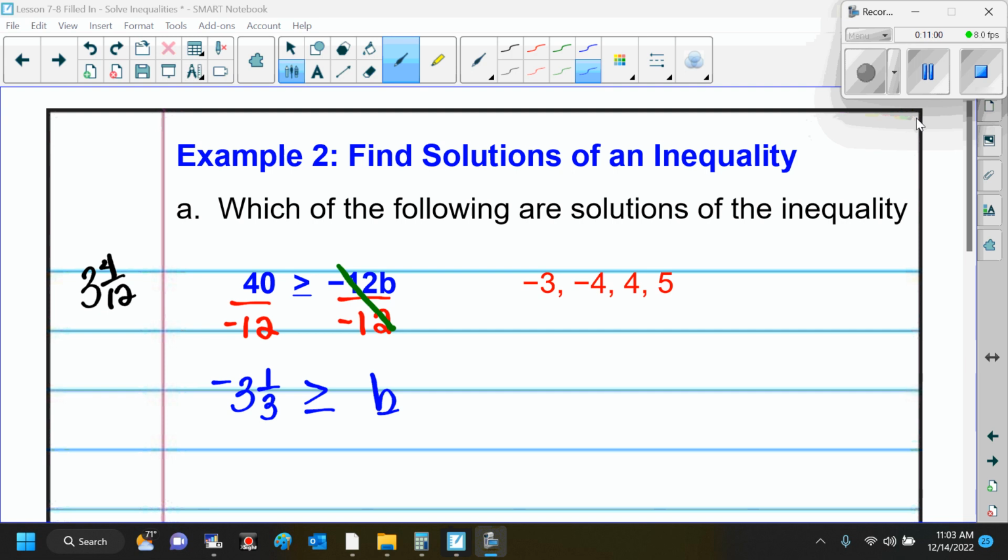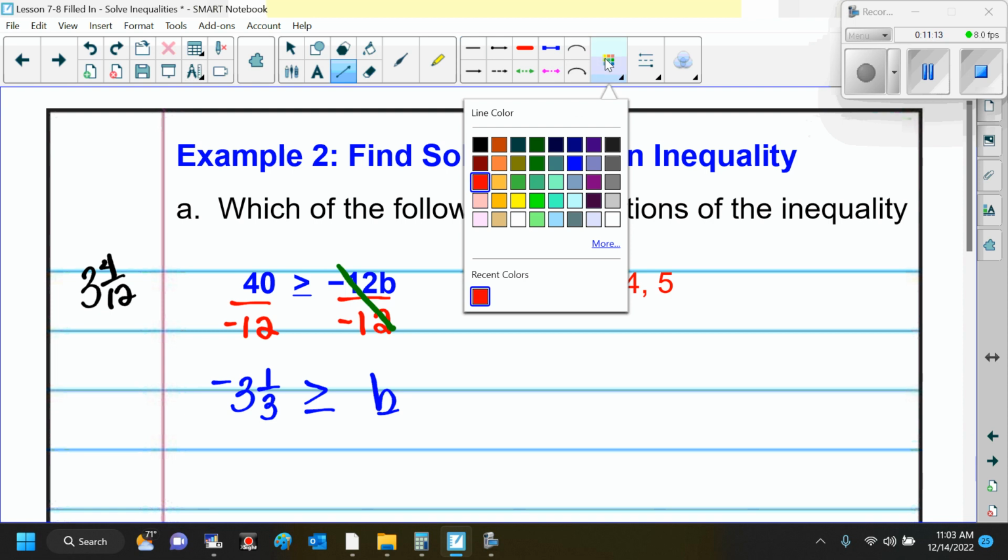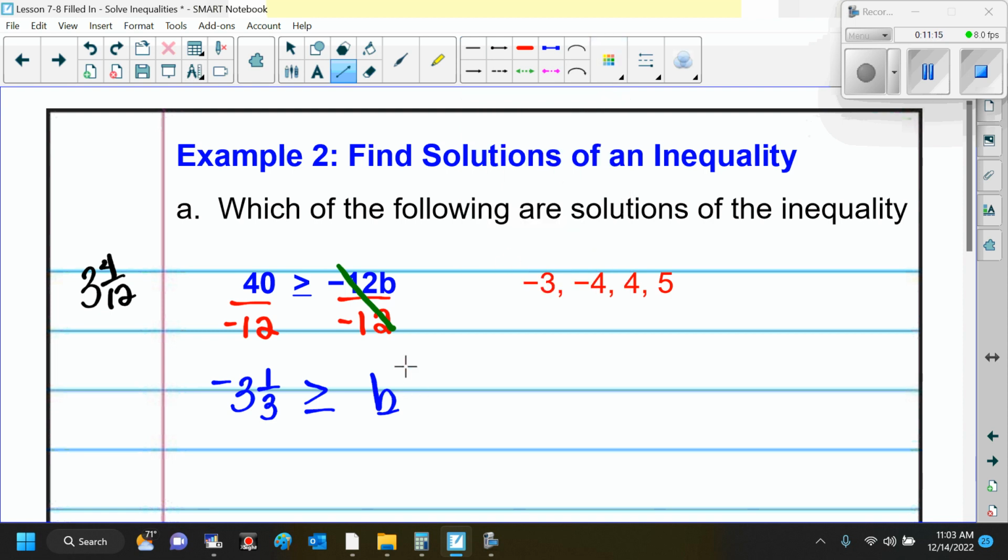Now, here's the plot twist, okay? Before I get to the plot twist, does everybody see how this is written backwards? All right. Now, I'm going to show you how to read this to make things easy for yourself, okay? You know I said we read from left to right, right? But the variable's in the back, right?